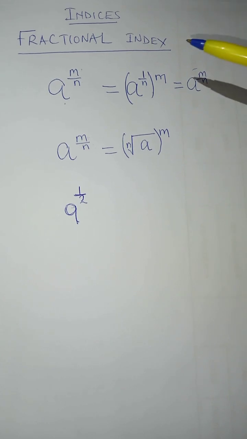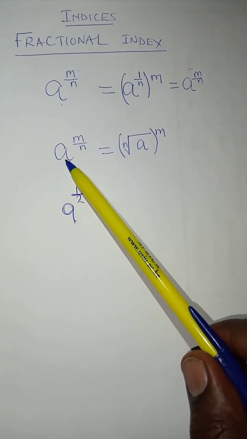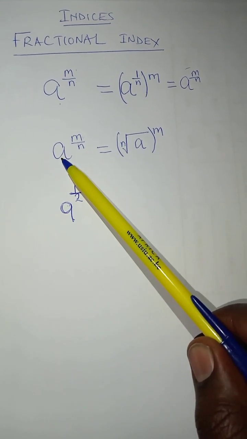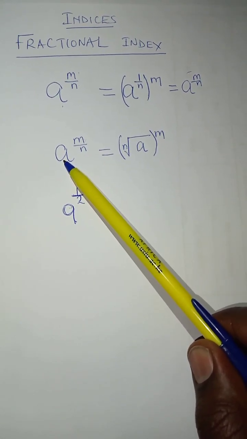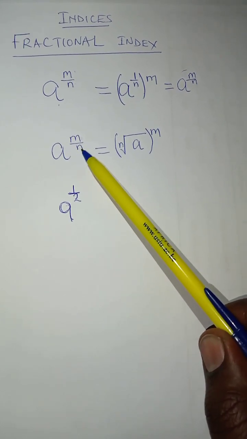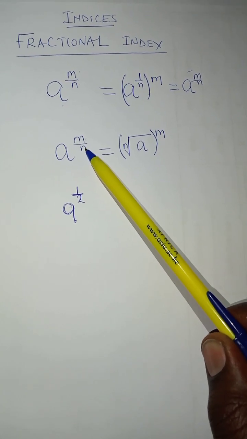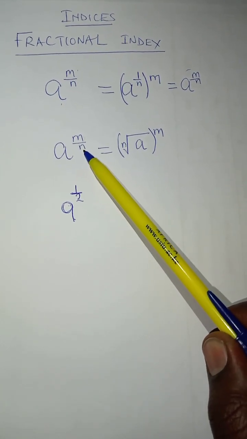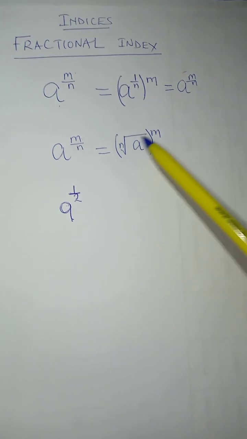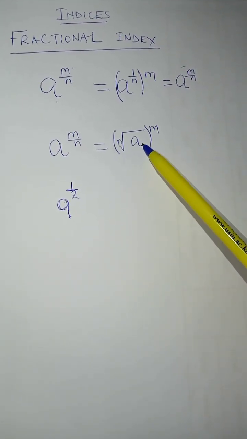So how do we handle it? This is the way to go. If you have a number a, any number, raised to power m over n, then the first power to handle is the fractional power, that is 1 over n. So this says that first find the nth root of that number, the nth root of a.